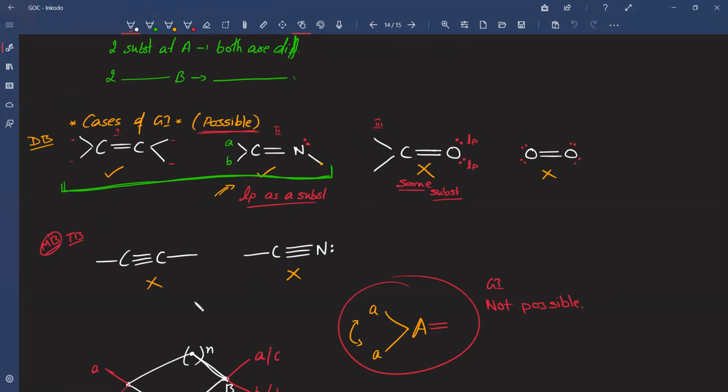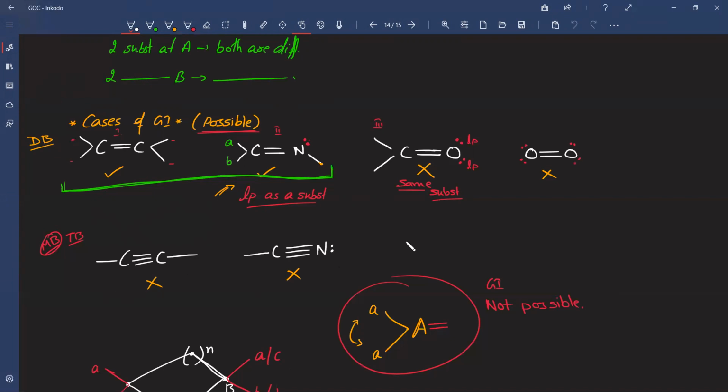Because the change in orientation is possible only if there is an alternative. Now, on each atom attached by a triple bond, there is only one bond possible. So there is no scope to change the orientation.